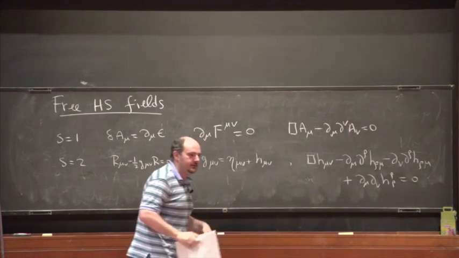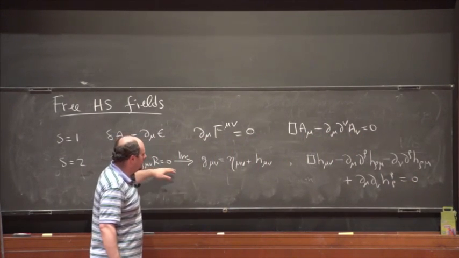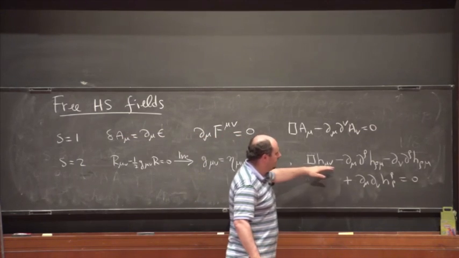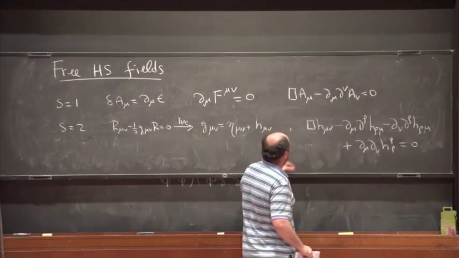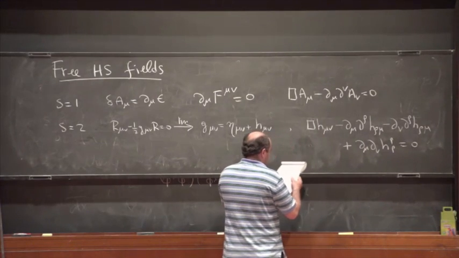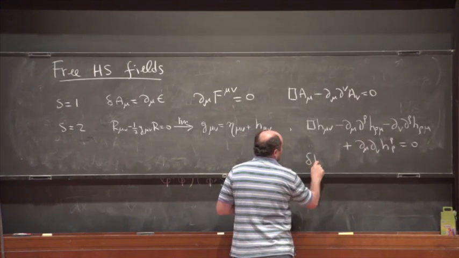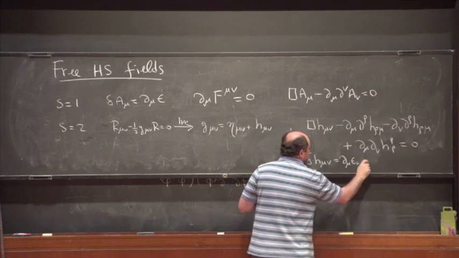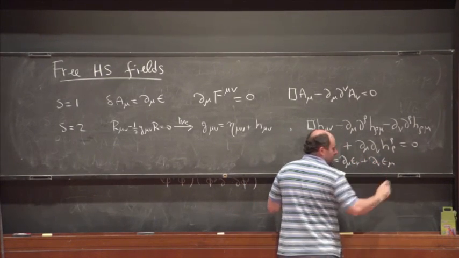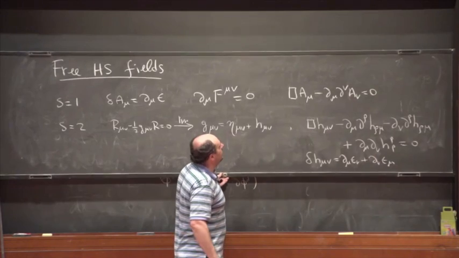If you linearize the Einstein equations around flat space, you get this wave equation for the fluctuation of the metric, which has the familiar gauge symmetry with a spin 1 gauge parameter.